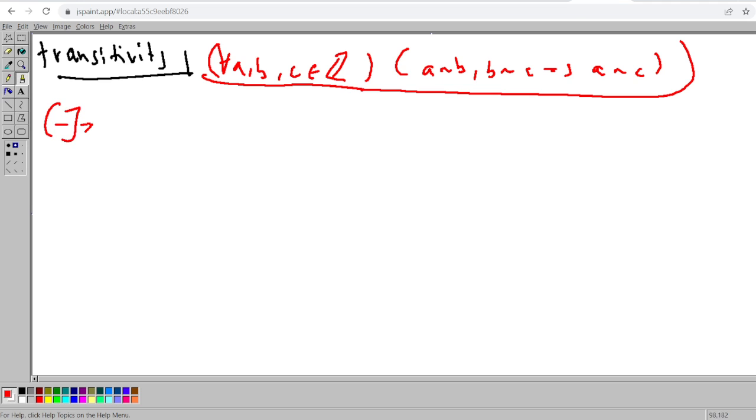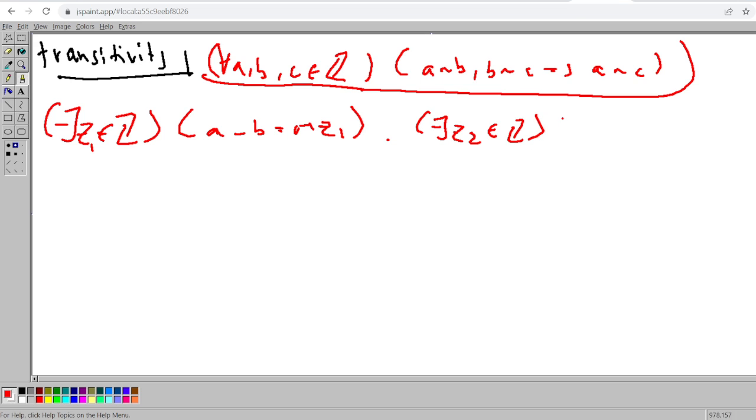So we know that there exists a z1 in Z such that A minus B is equal to m z1. And we know that there exists a z2 in Z such that B minus C is equal to m z2.